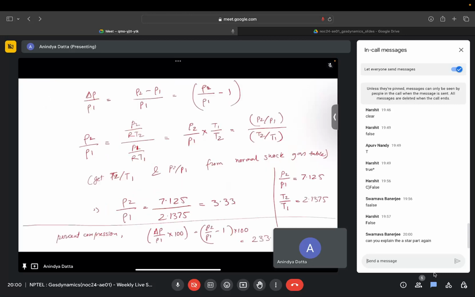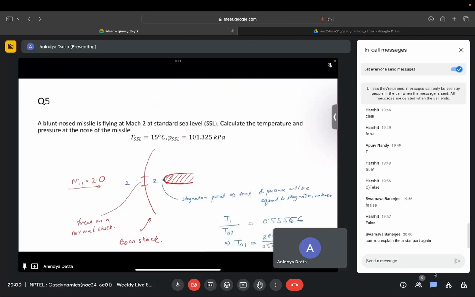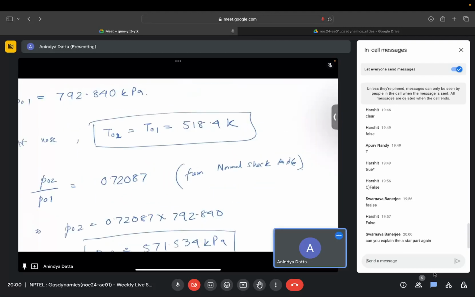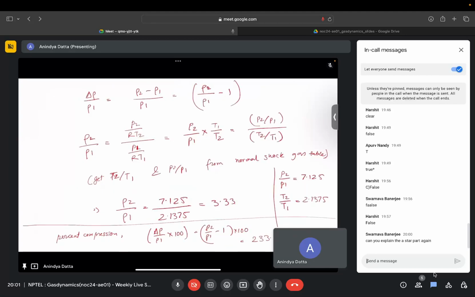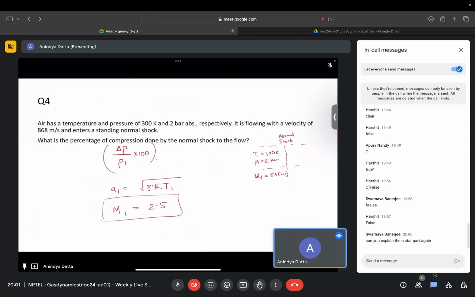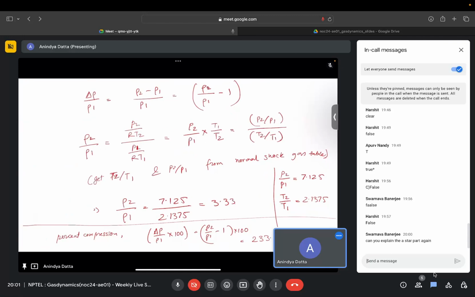But in this case, they have asked what is the maximum percentage of compression we can obtain when the Mach number is infinite, tending to a very high magnitude. It should be 6, I think. No, see, we have to find this quantity, delta rho by rho 1. What will be delta rho by rho 1?